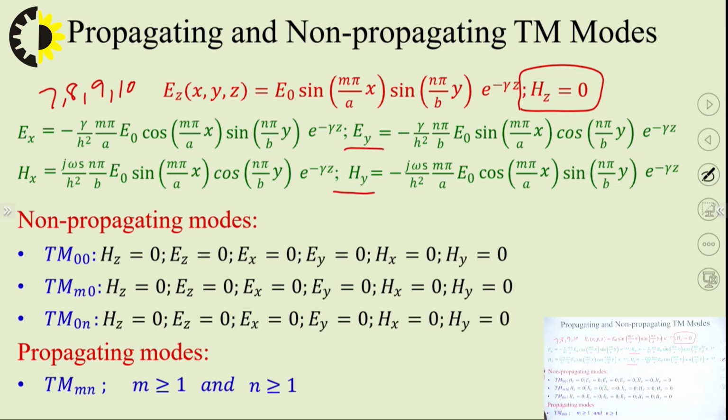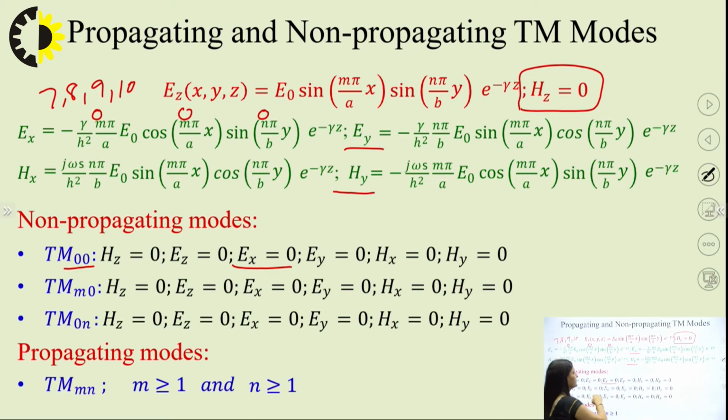Right? So now we will find out what type of modes are supported by the waveguide. If I assume TM00, it means m is 0 and n is 0, both are 0. So see here, if I put m is 0, n is 0, and here m is multiplied, so Ex will be 0 here.